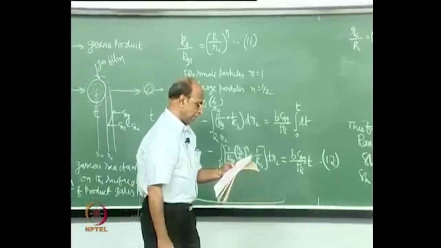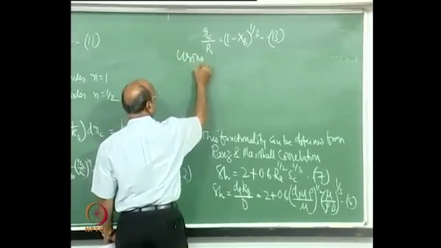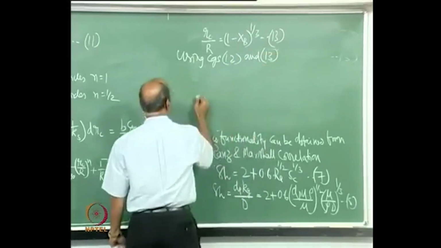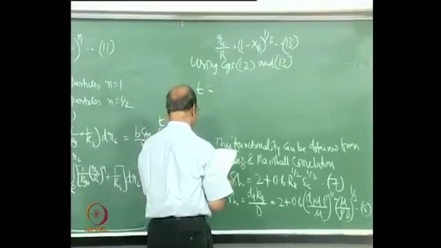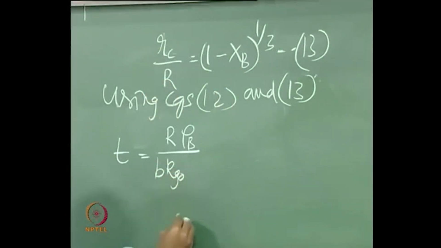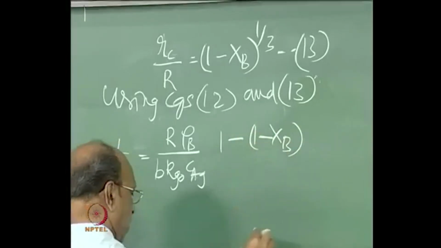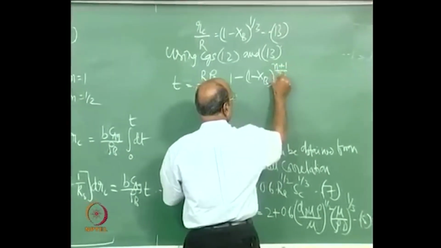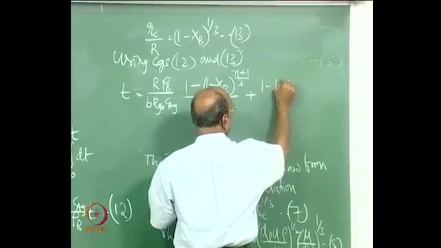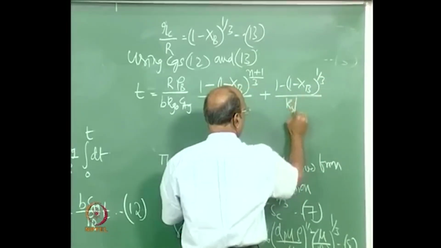Okay. So, when you do that, what you get is, substituting equation 13 in 12, using equations 12 and 13, what you get is T equal to, this mathematics you have to do, R rho B by B Kg naught CAG, times 1 minus XB to the power of n plus 1 by 3 by n plus 1, plus 1 minus XB, times Ks by Kg naught.